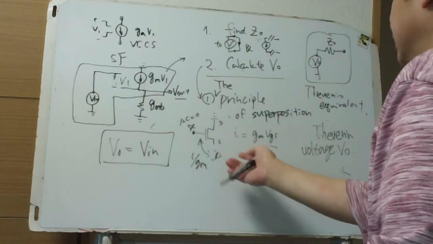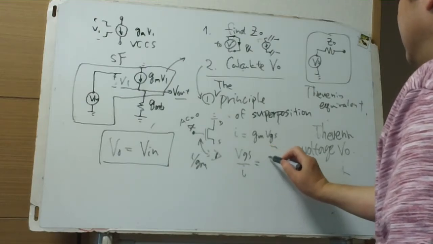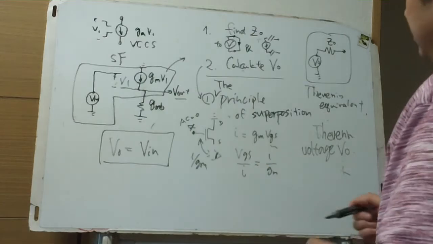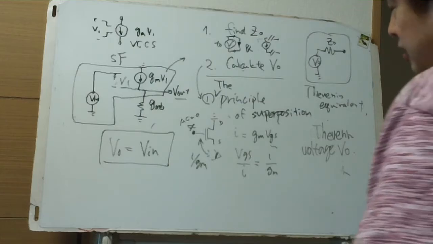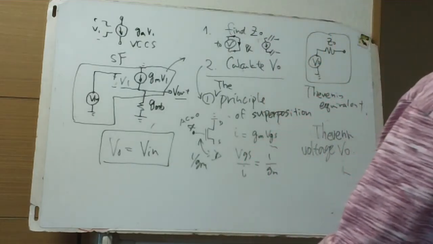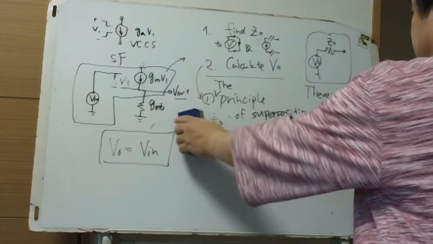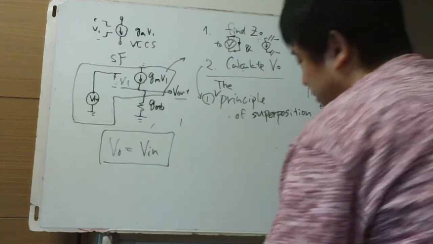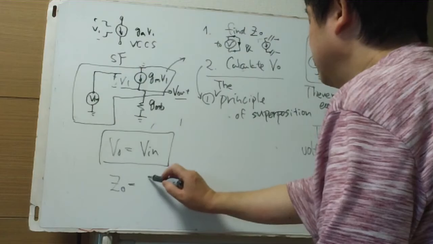When looking at the resistance, the resistance is VGS over I, which is 1 over GM. This is the resistance looking at the source of the MOSFET when the gate is AC grounded, and ZO equals 1 over GM.